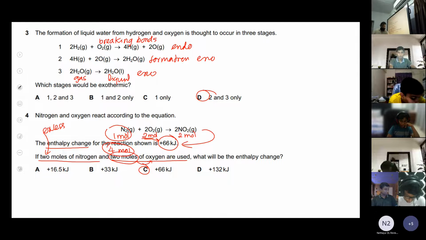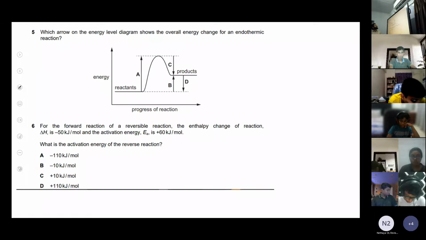Okay. Right, let's move on. Fifth one, which energy level diagram shows the overall energy change for an endothermic reaction. Overall energy change.